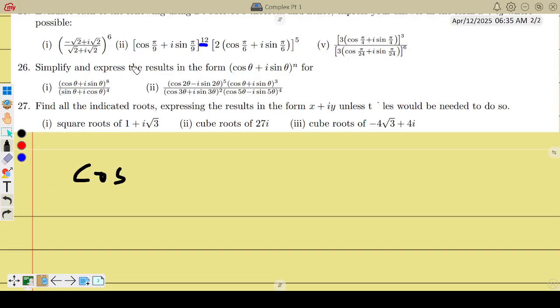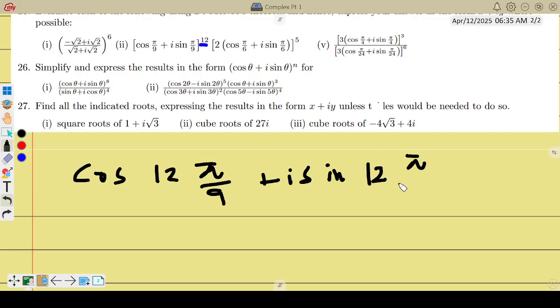So we'll say cos, this will be 12 and then pi over 9, plus i sine, the power 12 comes down, pi over 9. So you can simplify this.